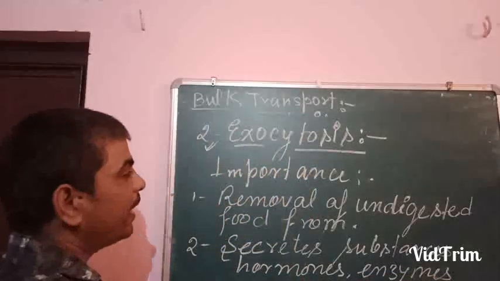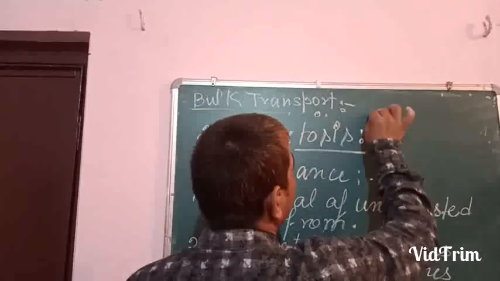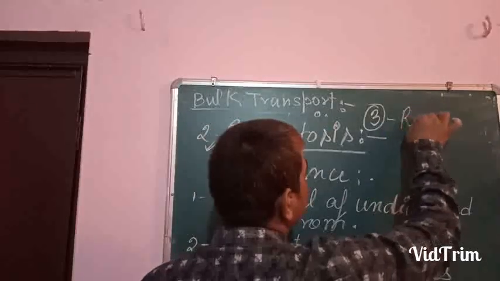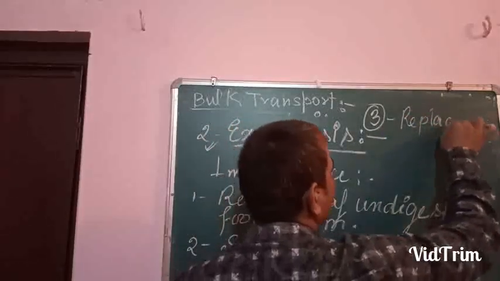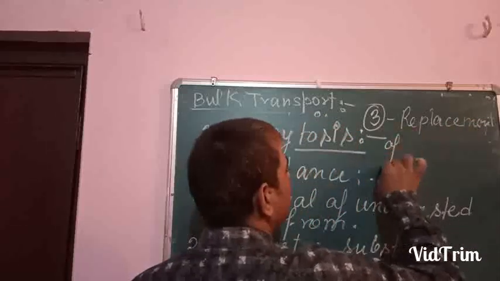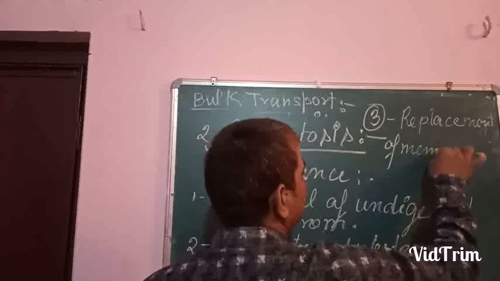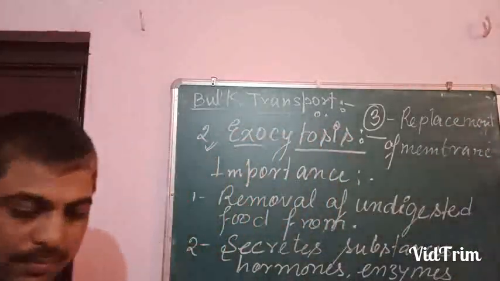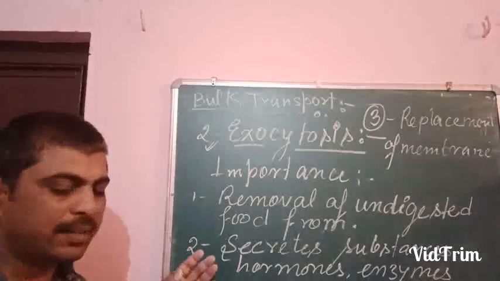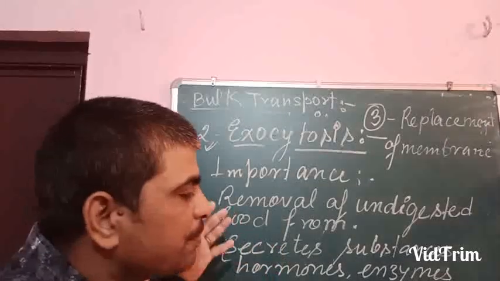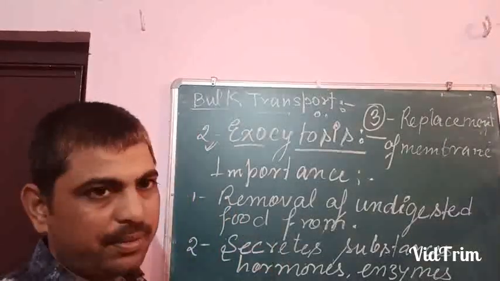Another importance is replacement of membrane. As you see, the membrane-bound vesicle that carries the excretory or waste material is removed, and that vesicle membrane fuses with the main plasma membrane.